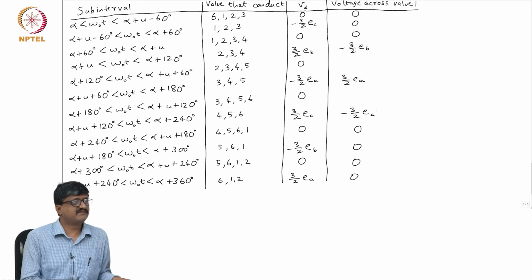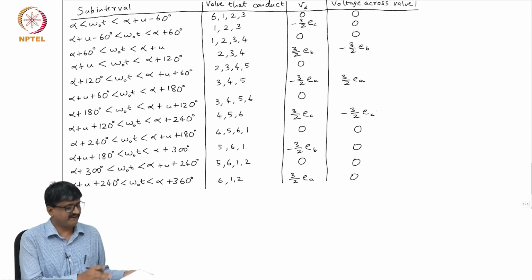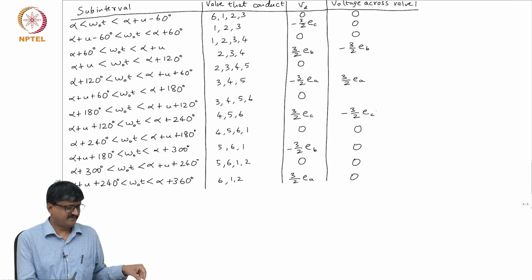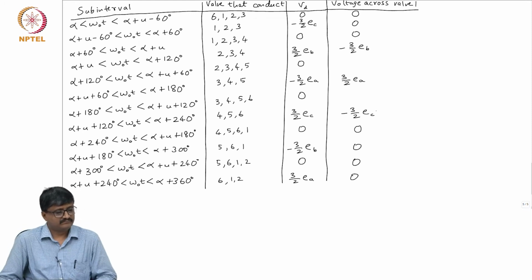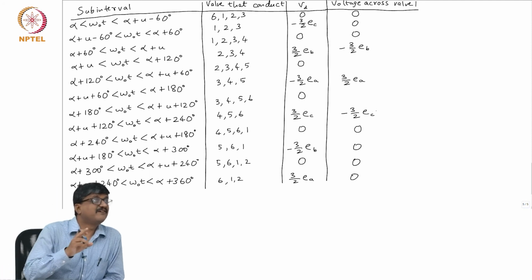The question is, what is the voltage across valve 1? If it is 0, why is it 0? Yes, 4 is conducting.